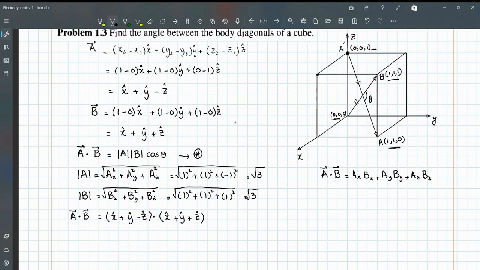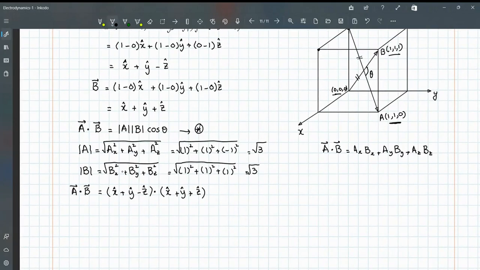So ax is 1, bx is 1, so I get 1, plus ay and by: ay is 1, by is 1, so I get 1, and az is minus 1 and bz is 1. So 1 plus 1 is 2, minus 1 gives 1.